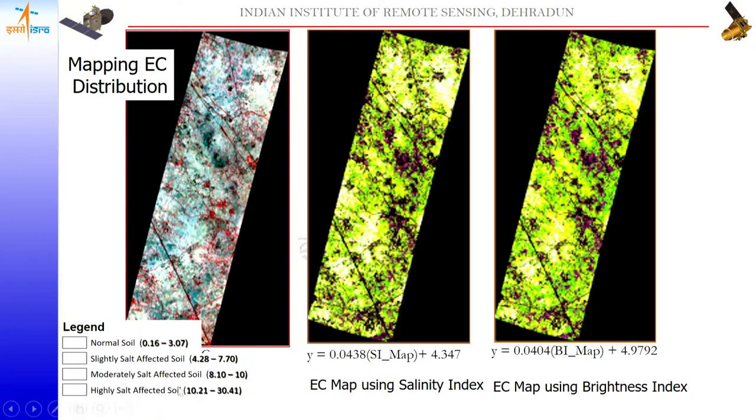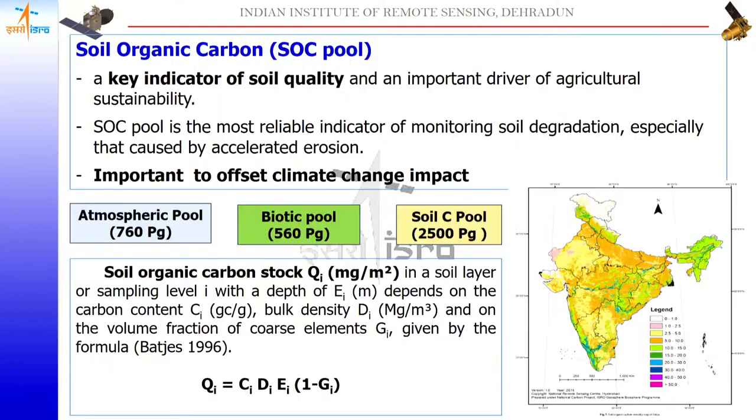So we are able to map the salt affected soils with quantitative values. So it has provided us quantitative remote sensing. Today we are also using remote sensing data for soil organic carbon mapping.